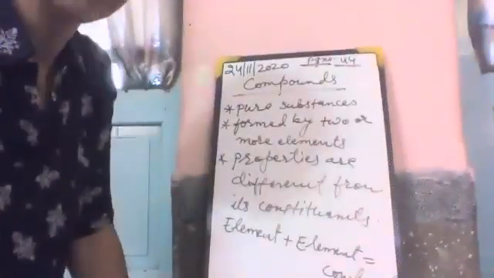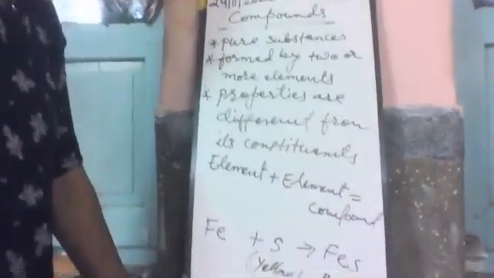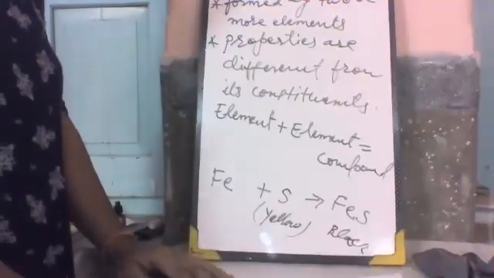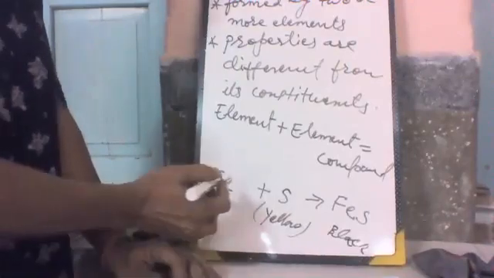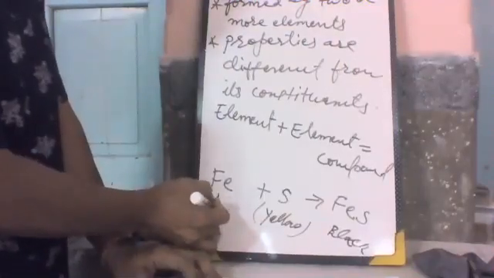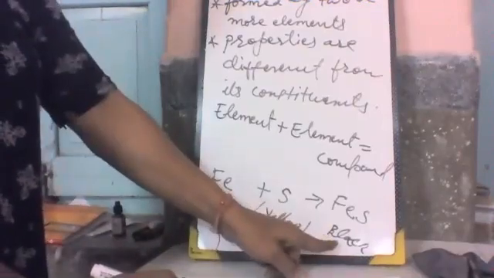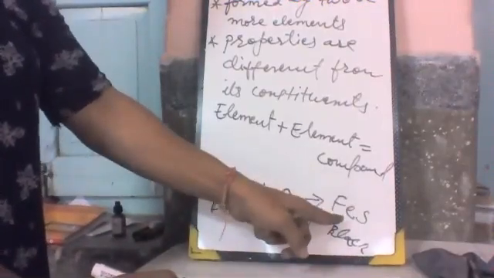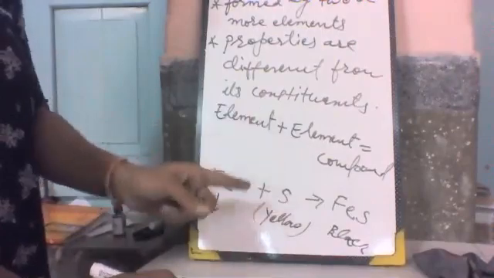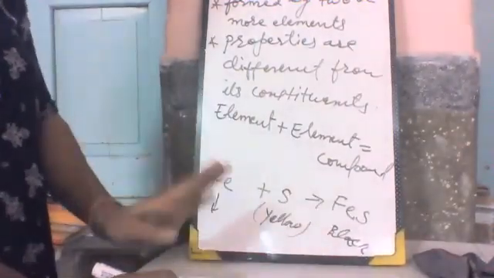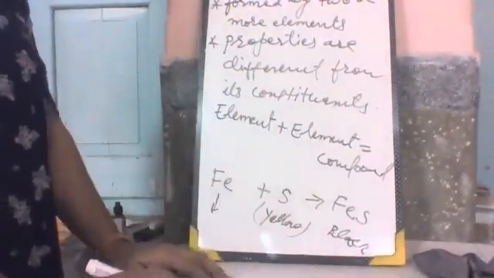Is it clear? Yes, ma'am. Iron is an element attracted by magnet. Here, the pure substance iron can attract the magnet, but in compound FeS, the iron cannot be attracted by the magnet.